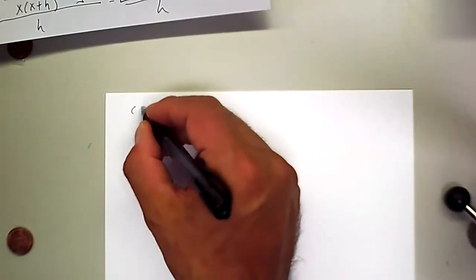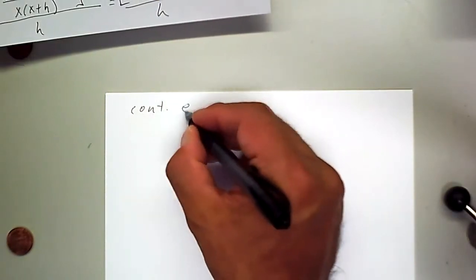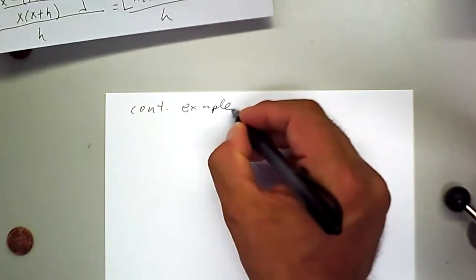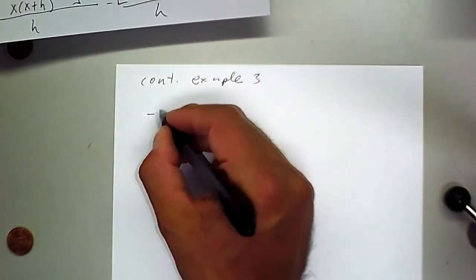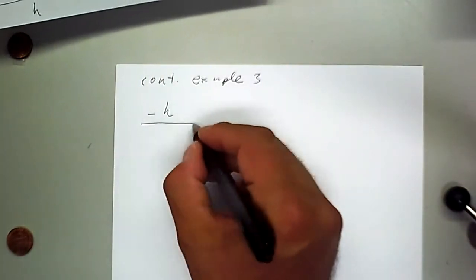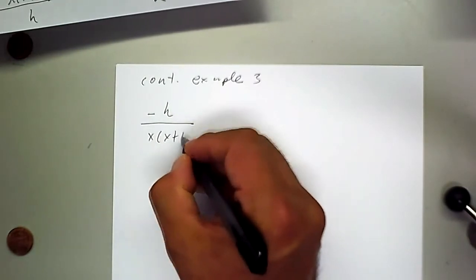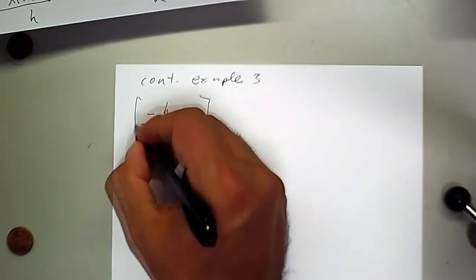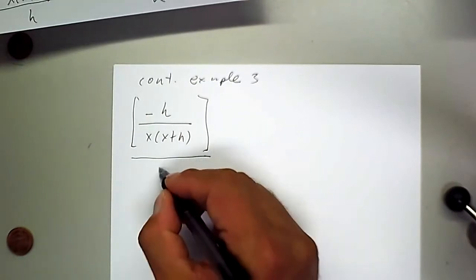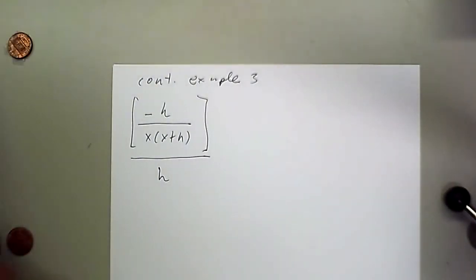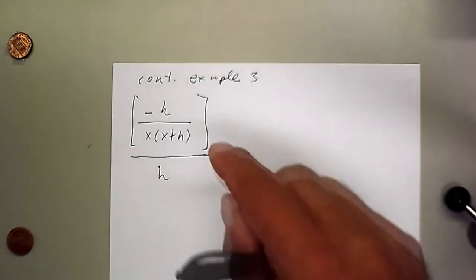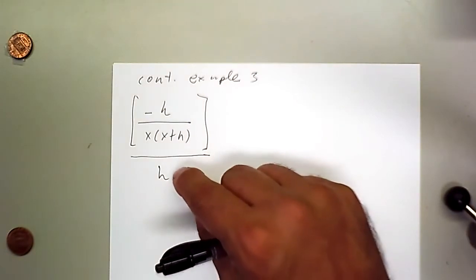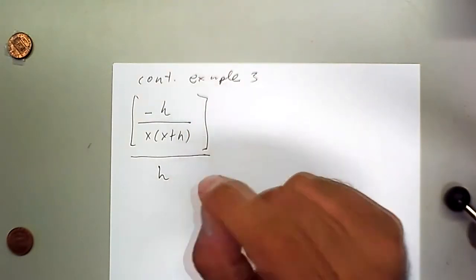Okay, let me copy this on the next page. So we are continuing example 3. We have negative h, I'm just copying this down, x times (x plus h) in a bracket over h. And again, there's a couple different ways to go about this. We can multiply by the reciprocal, because we need to simplify the fraction.